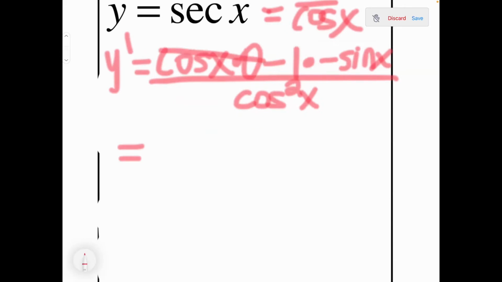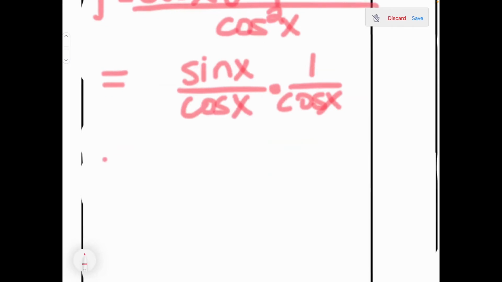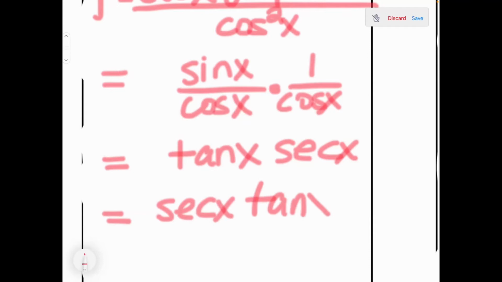Negative 1 times negative sine x is positive sine x. And we can go ahead and break the cosine squared up like we did in the previous proof. Sine x over cosine x is tangent x, and 1 over cosine x is secant x. And to make this match our notes that we're going to see in just a second, that is secant x times tangent x.